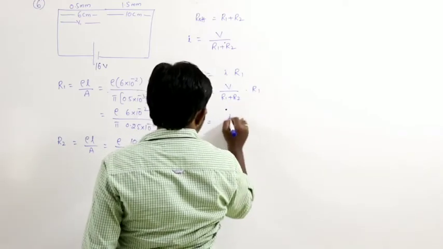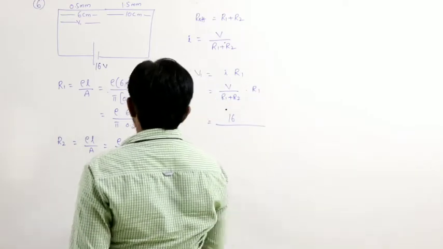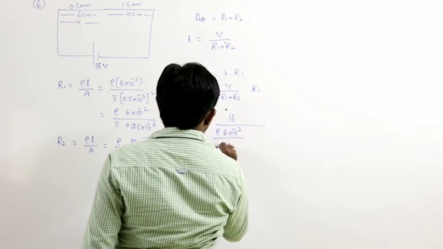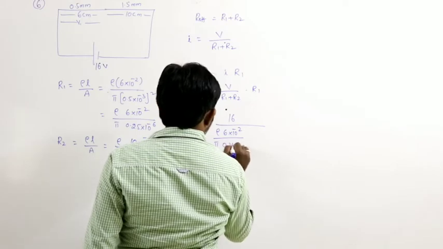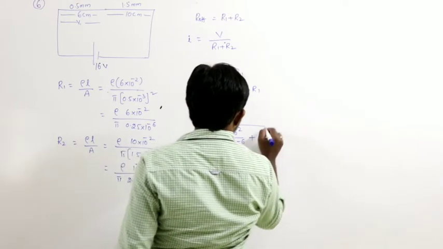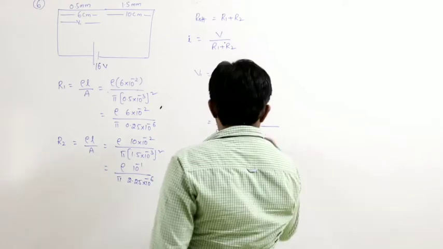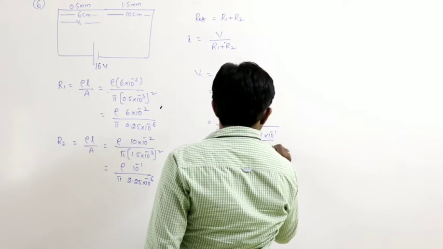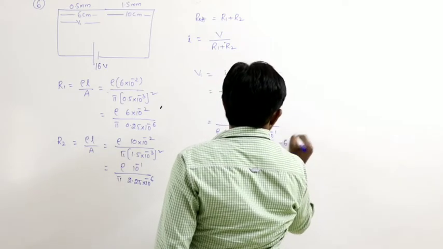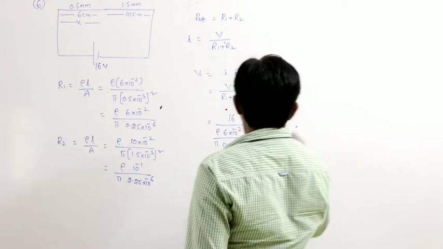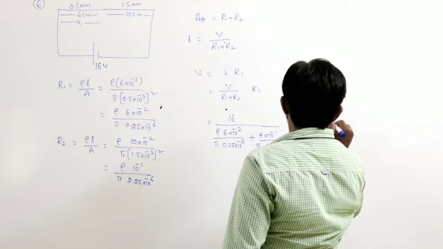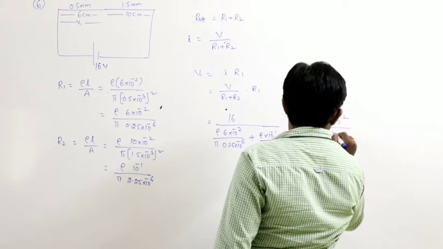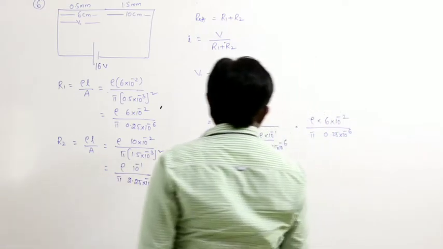So what is V? 16 divided by R1 plus R2, that is rho 6 into 10 power minus 2 divided by pi into 0.25 into 10 power minus 6, plus rho into 10 power minus 1 divided by pi into 2.25 into 10 power minus 6, into R1 again, rho into 6 into 10 power minus 2 divided by pi into 0.25 into 10 power minus 6.